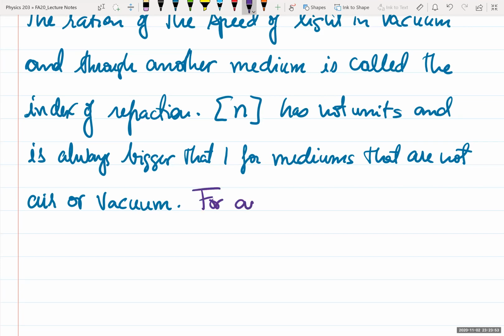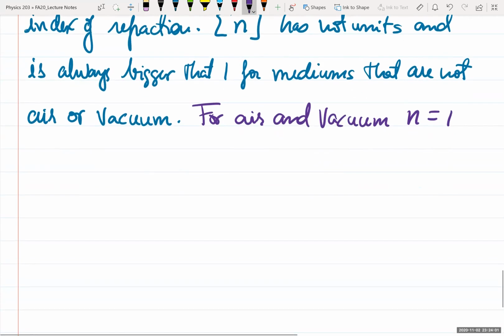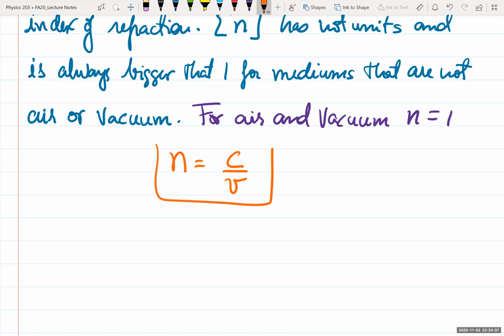For air and vacuum, n is equal to 1. Okay, so n is just going to be the speed of light c divided by v. So n is the index of refraction.